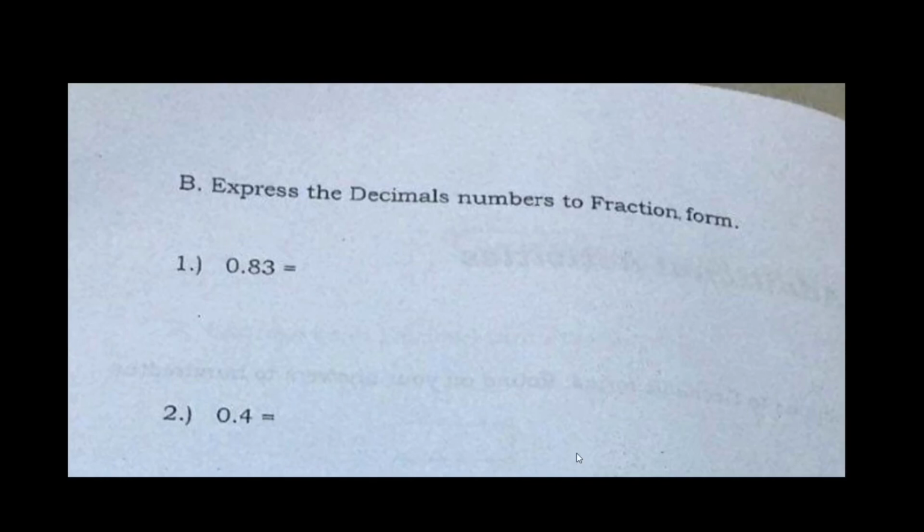Okay, now let's go to the next. Express the decimal numbers to fraction form. Okay, 0.83, you divide it by 1, multiply it by 100 times 100. That will give you 83 over 100, and that is the final answer.